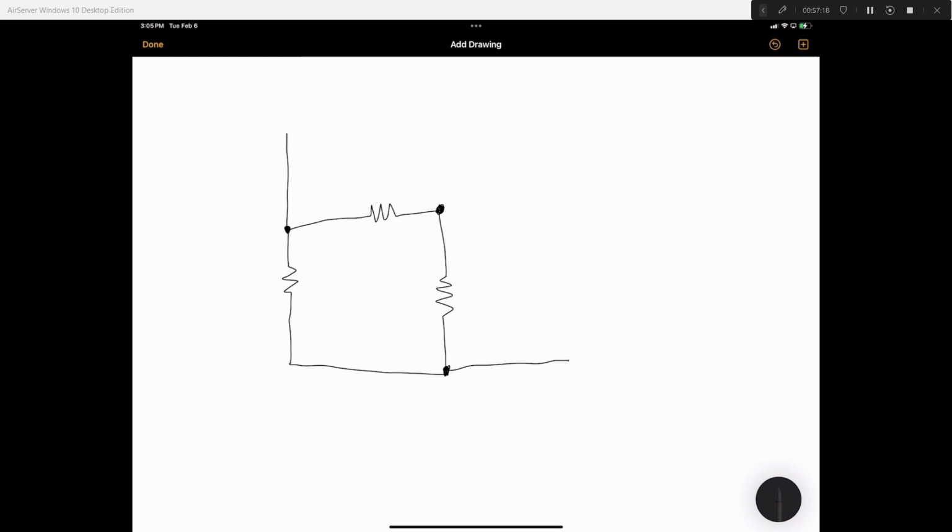A current controlled voltage source right here. Surprised we didn't have that on the test.